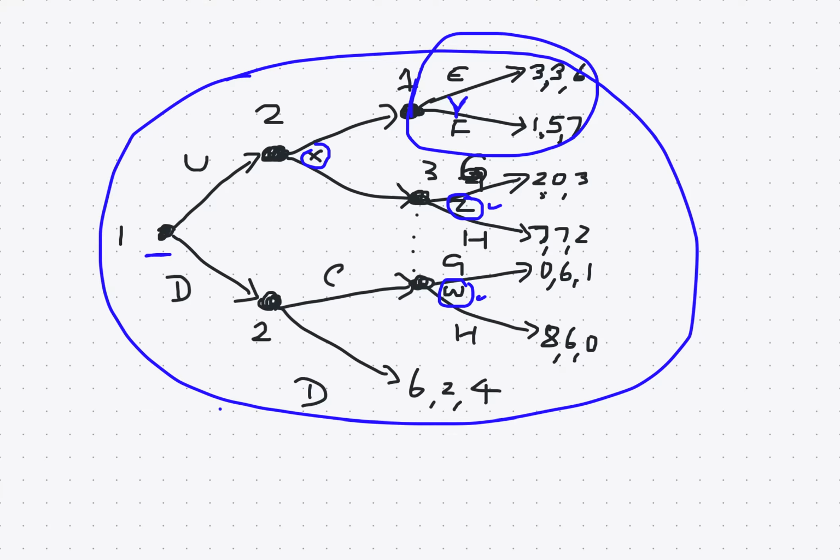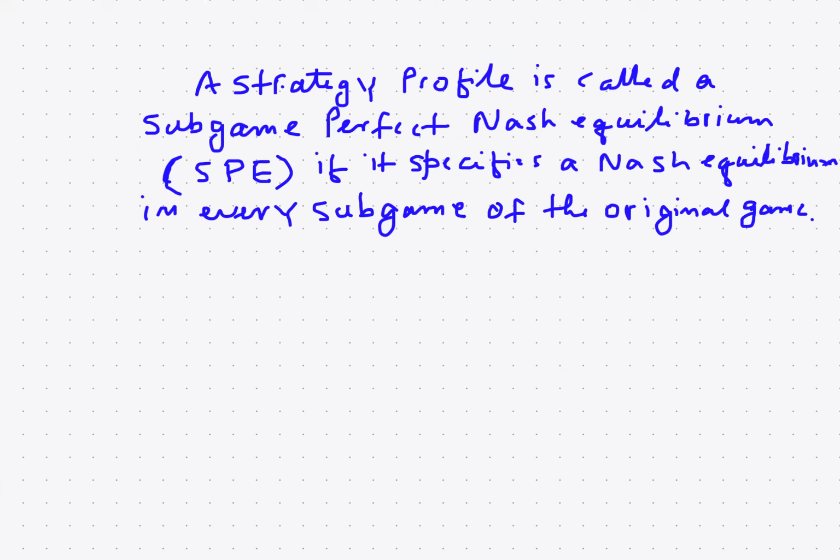All right, so next let's consider the refinement of Nash equilibrium that incorporates sequential rationality by evaluating subgames individually.